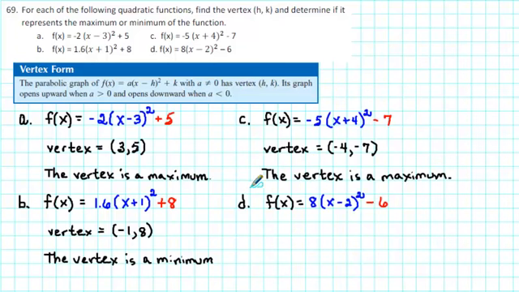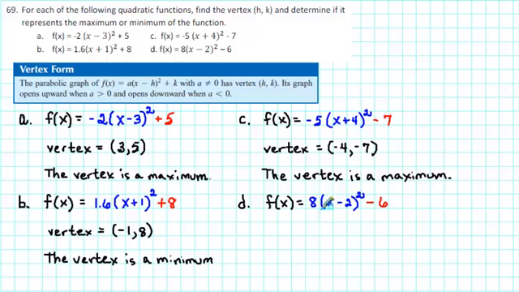For part D, we're given the quadratic function f(x) = 8(x - 2)² - 6. Notice that the first term is never negative. Therefore, the smallest value that it can be is 0. The value of the expression is 0 when x is equal to 2, because 2 minus 2 is equal to 0.